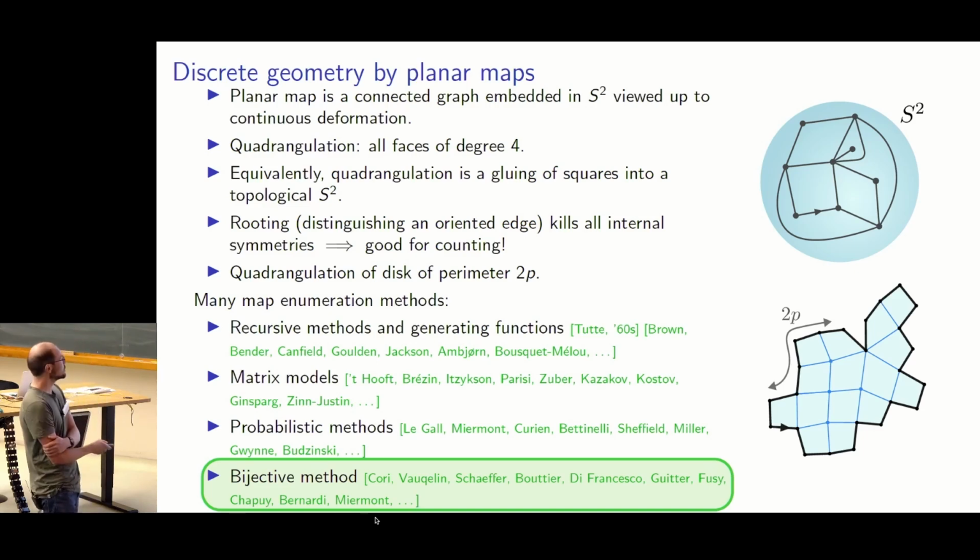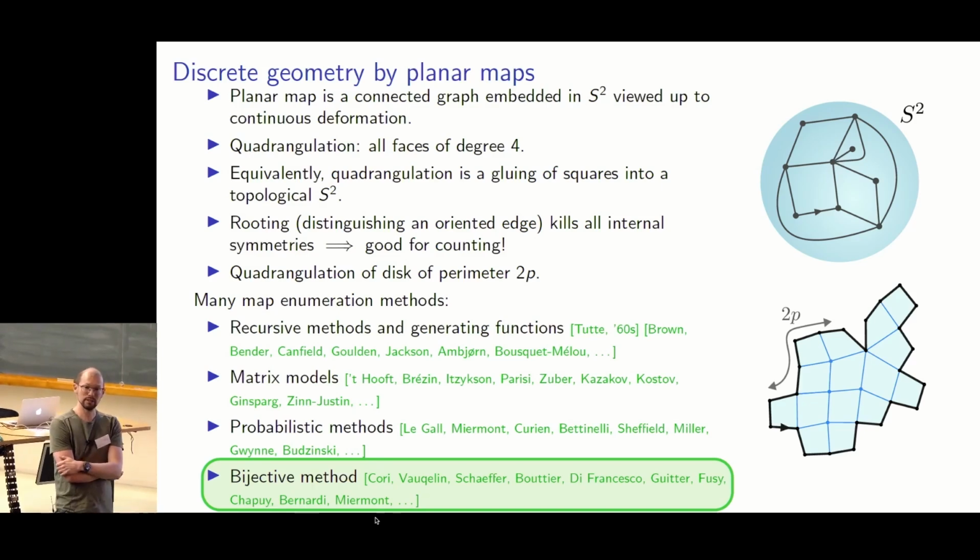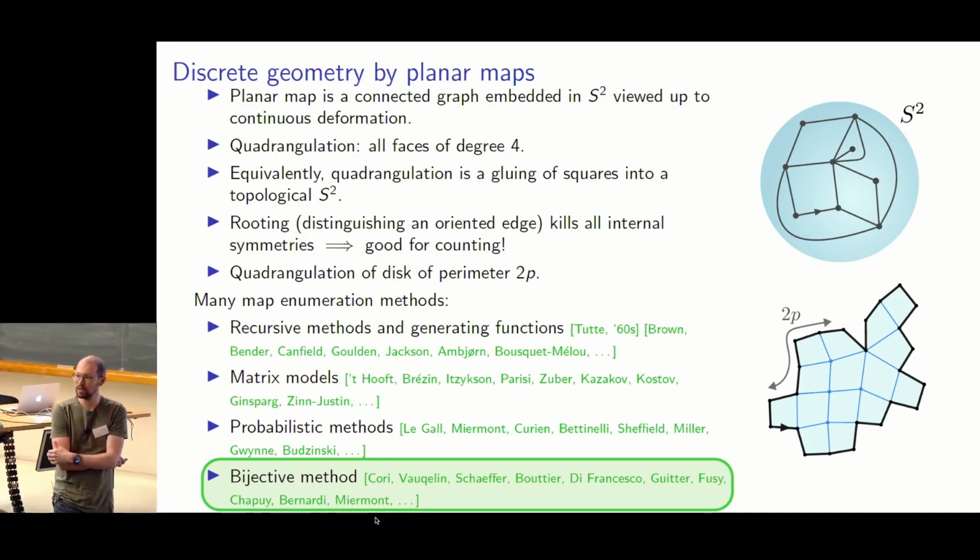It allows you to relate statistics in one family to statistics in another family, for instance. It allows you to describe or sample a random planar map by sampling one uniformly on one side and then applying the bijection to get a uniform map on the other side. There are many more reasons that having a bijection at hand gives you more than just enumeration.